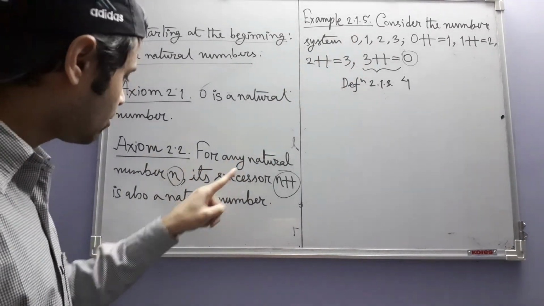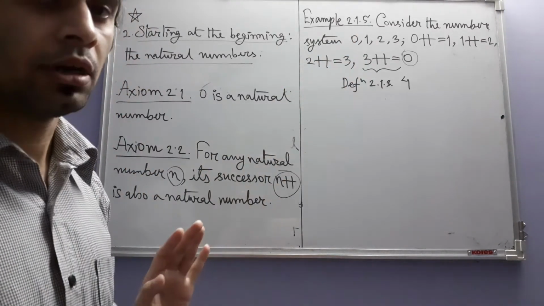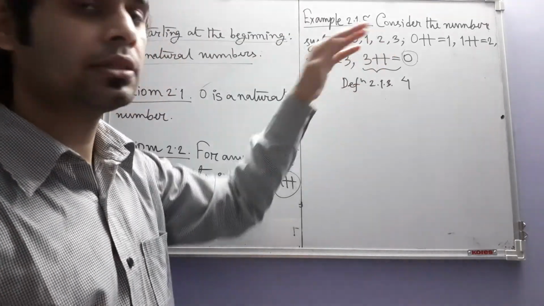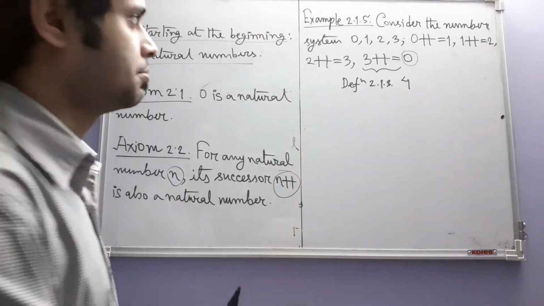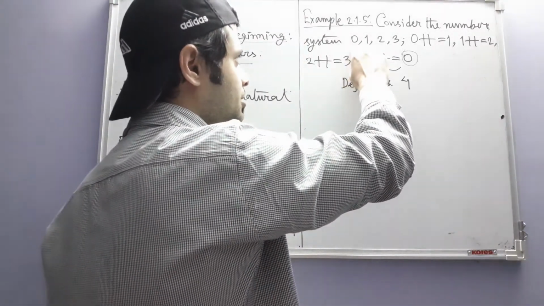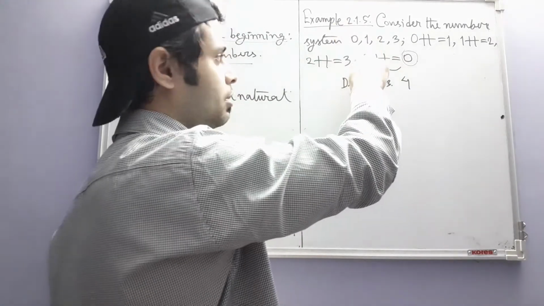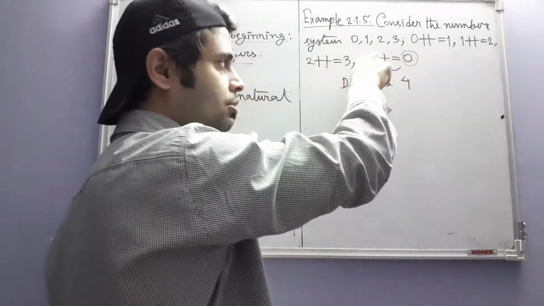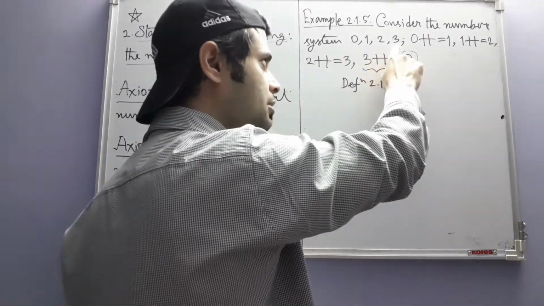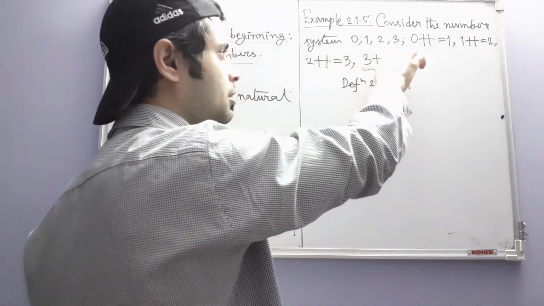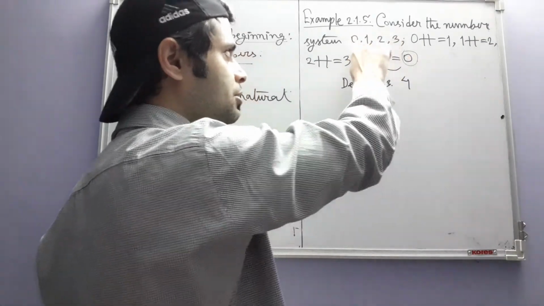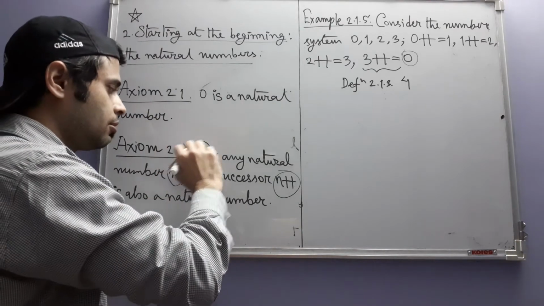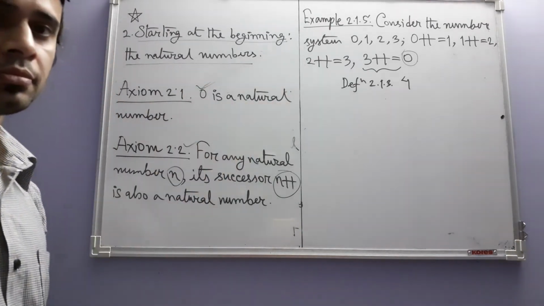The successor of every natural number is a natural number, or in this case, the successor of every object in this system is again an object in that system. Successor of 0 is 1, which is here, a natural number. Successor of 1 is 2, which is also here. Successor of 2 is 3, which is also here. Successor of 3 is 0, which is also here. So there is no problem. Both the axioms are true for this system.